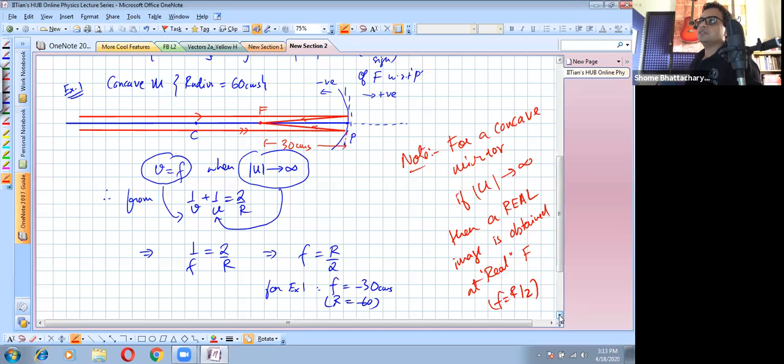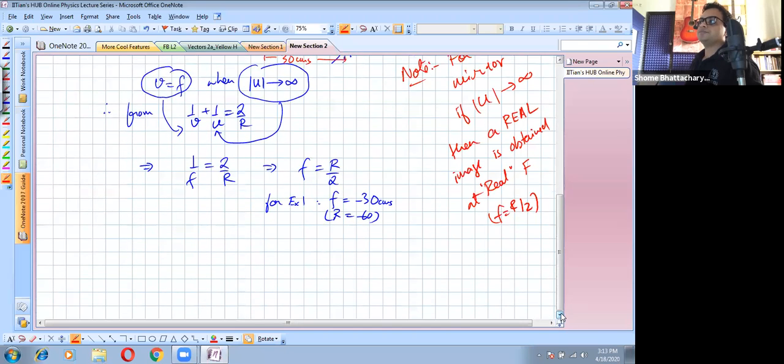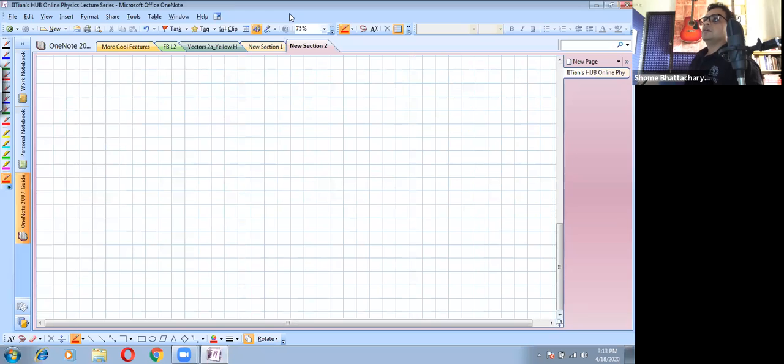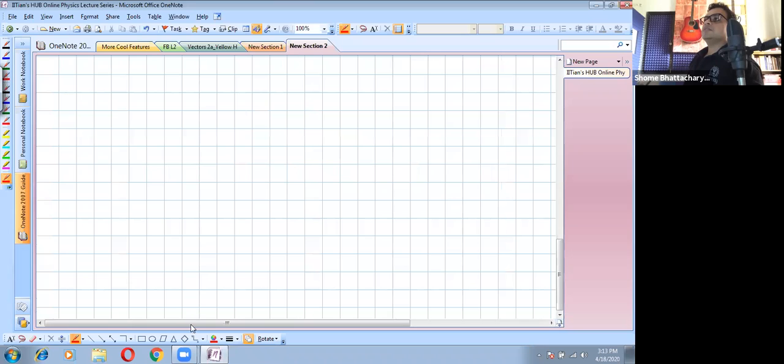Now similarly, let us look at the story for convex mirrors. For the next example, let us consider, this time, radius equal to 100 centimeters.